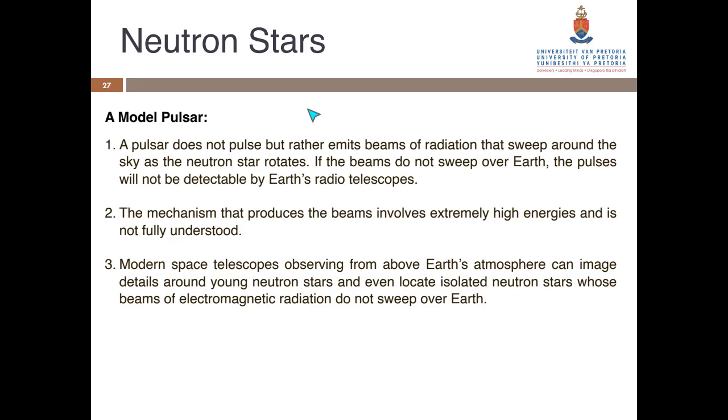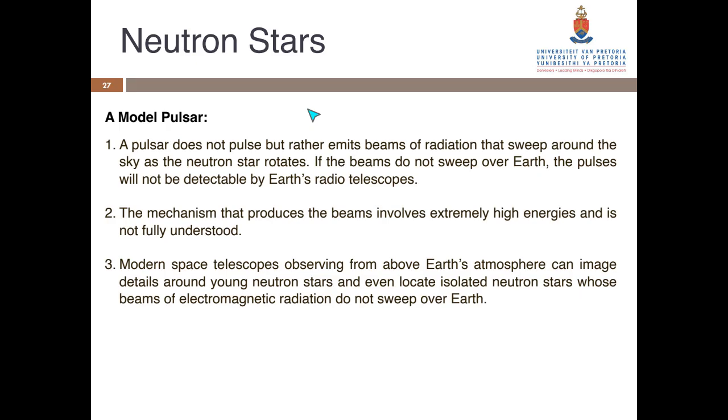When we create a model of a pulsar, firstly, a pulsar does not pulse, but rather emits beams of radiation that sweep around the sky as the neutron star rotates. And if the beams do not sweep over Earth, the pulses will not be detectable by Earth's radio telescopes.